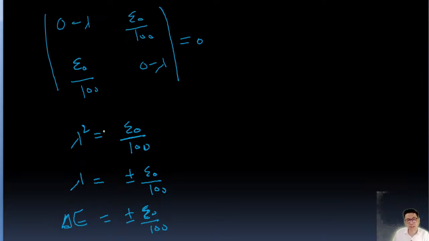These are the energy eigenvalues, right? So now we can easily find the energies. E1 is going to be 3 E naught plus epsilon upon 100.